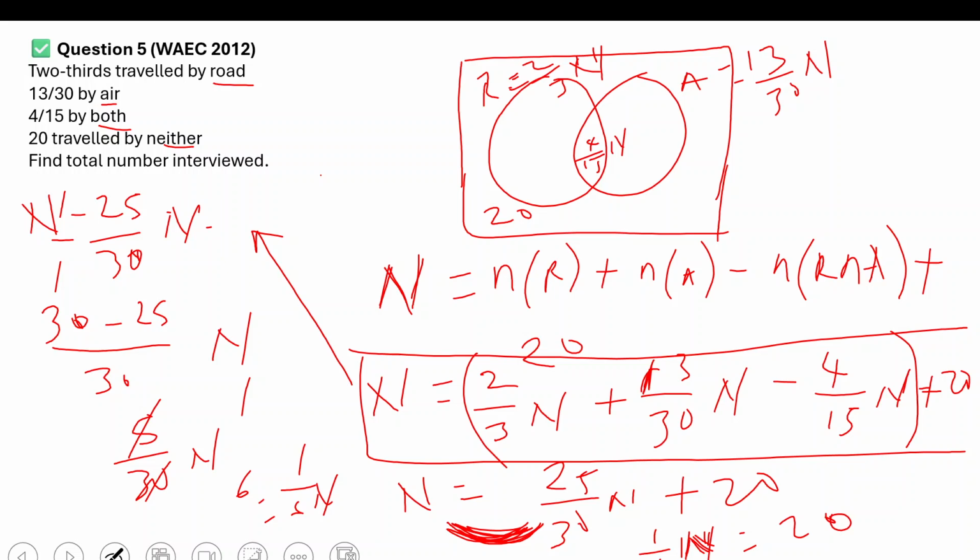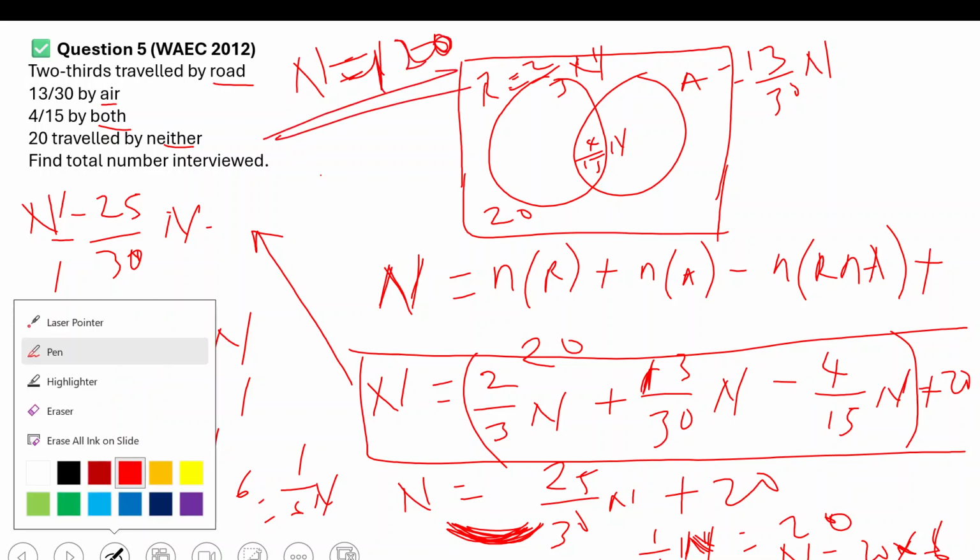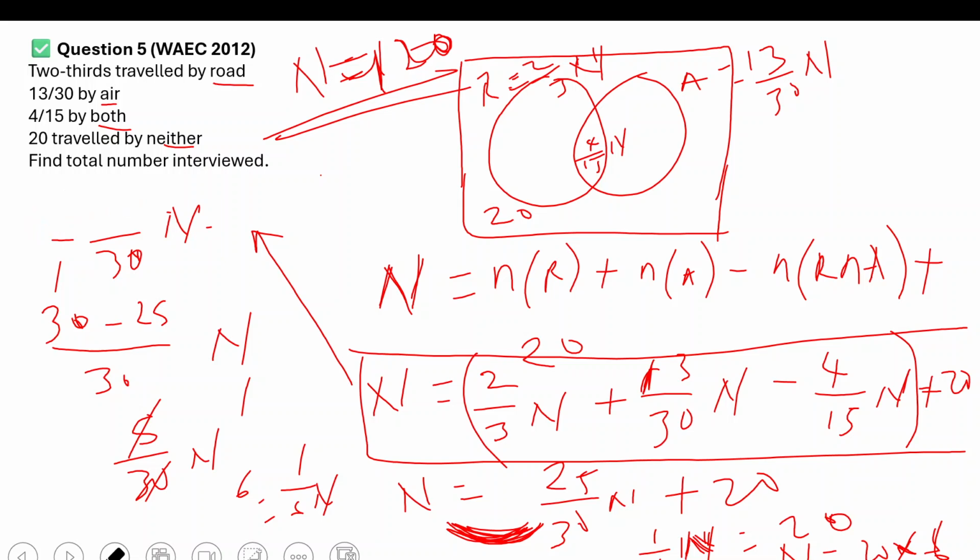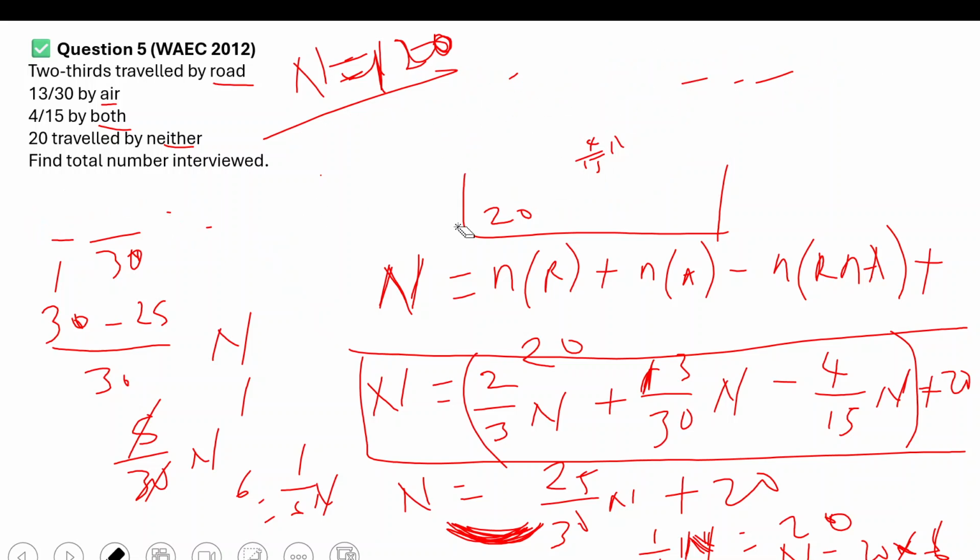When I do that, n is equal to 20 times 6, so this should be 120. So the total number of people interviewed is 120. n is equal to 120. So that's the answer.